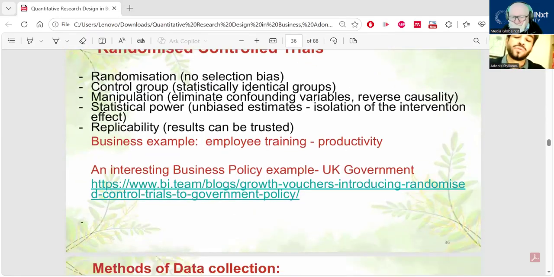Randomization means if you have two groups, if you have a very specific business strategy, a training course, a very specific leadership style, right? You have a very specific new product you want to check, and you divide your customers into two groups.